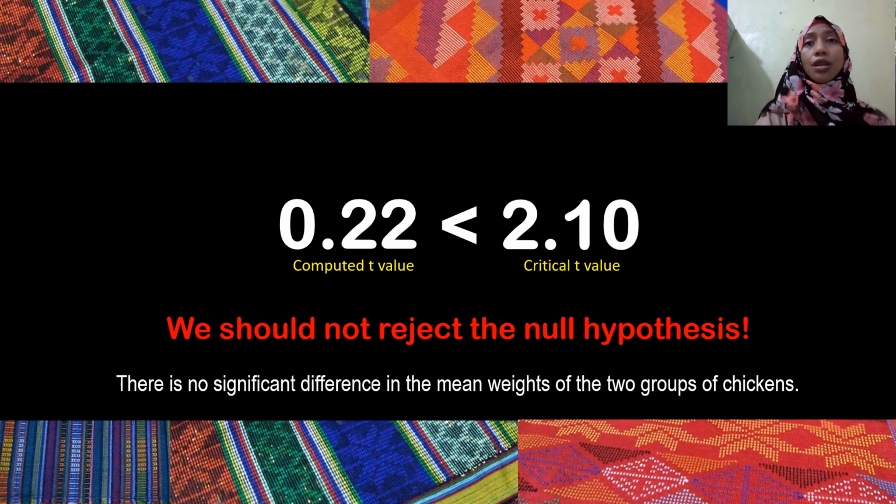So in other words, although these two groups of chickens have a slightly different mean weight, their mean weight is not significantly different. And so that means that the brown algae is just as effective as the usual chicken feeds in terms of the difference in the weight of the two groups of chickens.